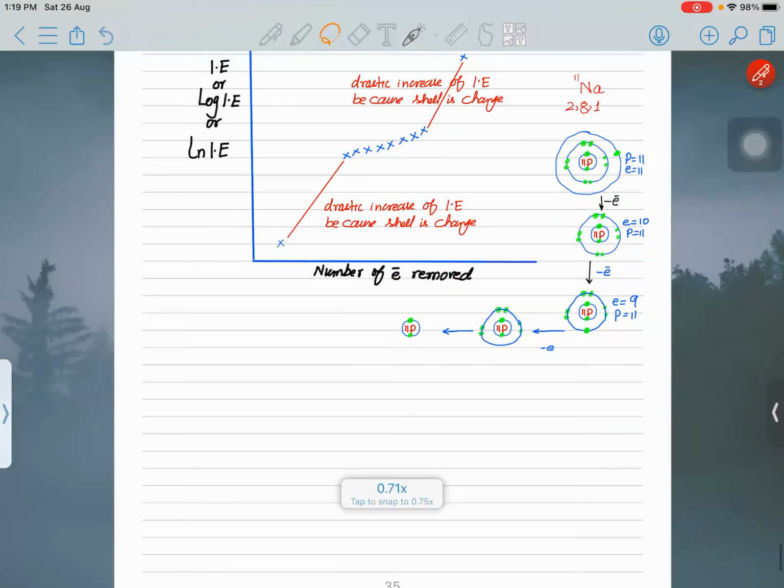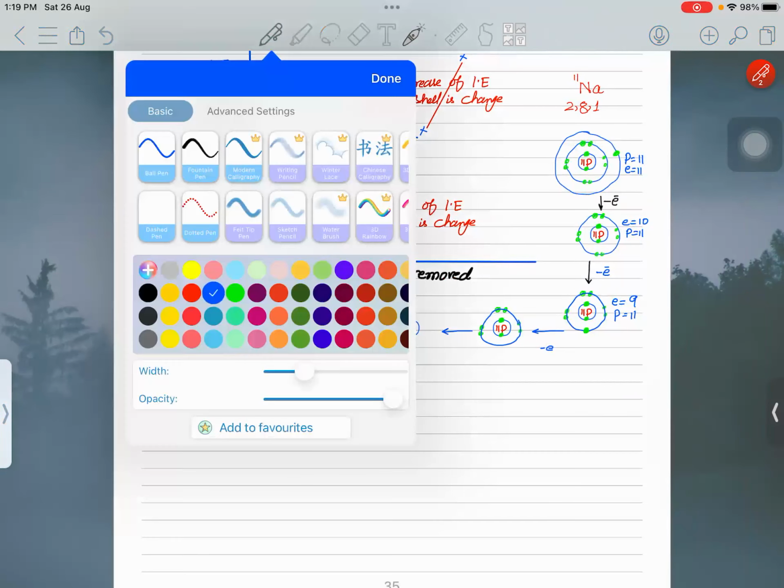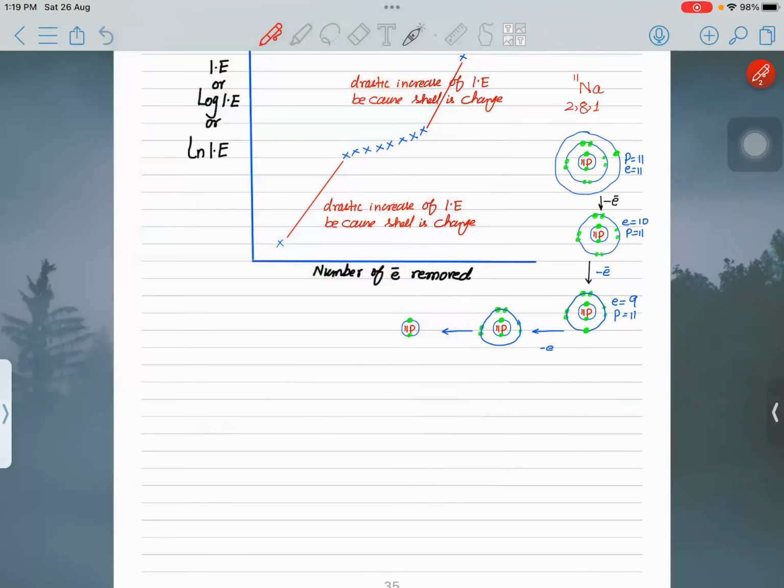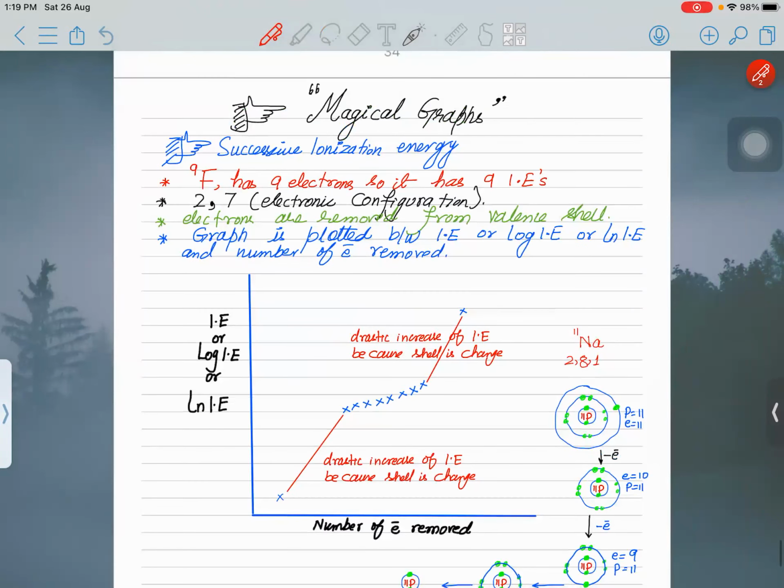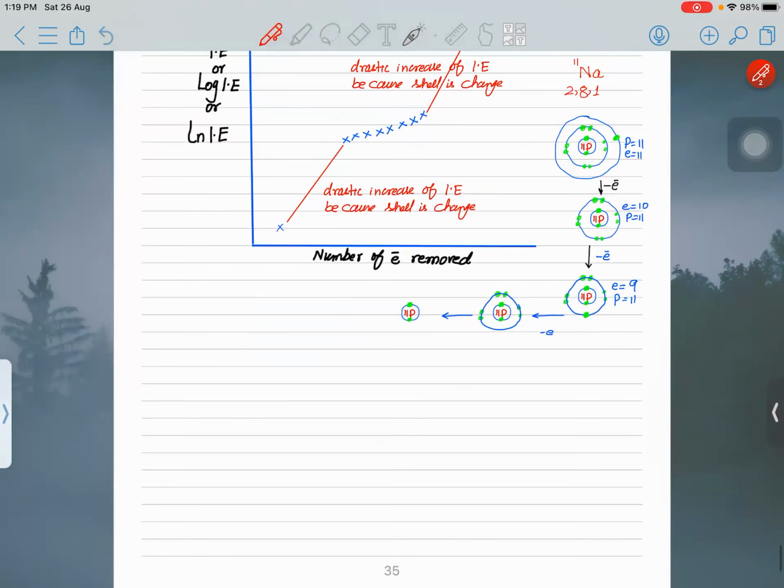Now write the note for it. Last time the graph was plotted between ionization energy.